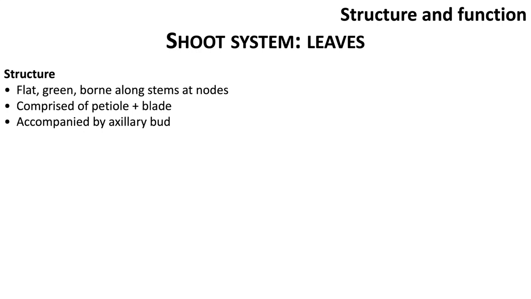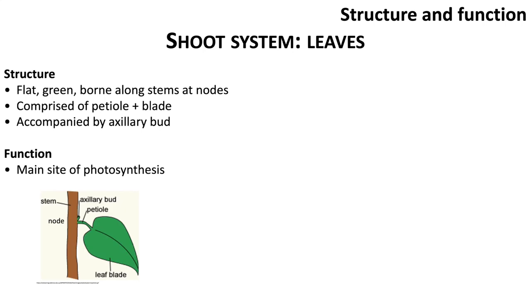The blade is probably what many of you thought of as the leaf, and the petiole is like the blade's personal stem, but it is developmentally leaf and not stem tissue. And the main function of leaves is photosynthesis. Many leaves' shape, size, and orientation is directly related to maximizing their photosynthetic capacity.